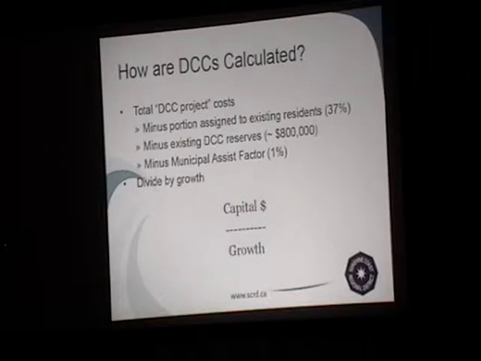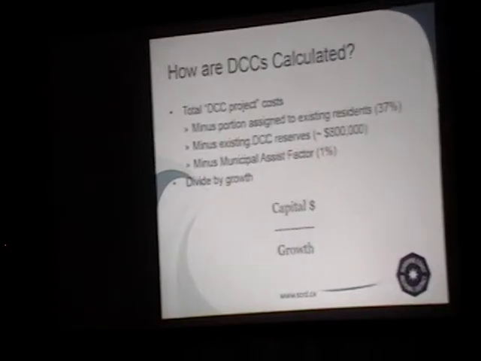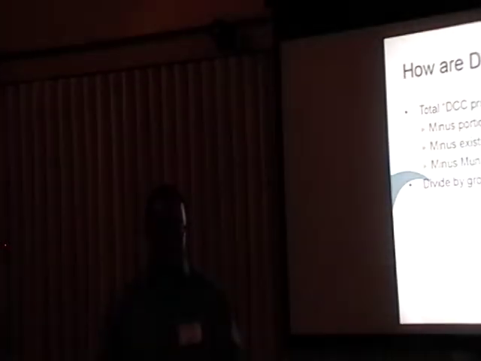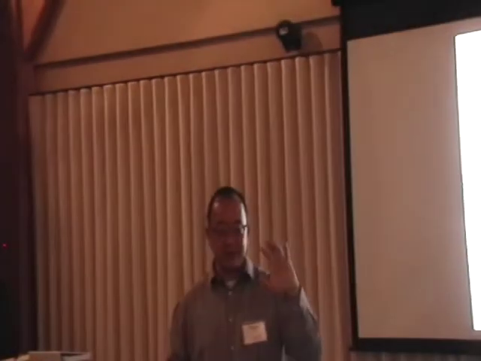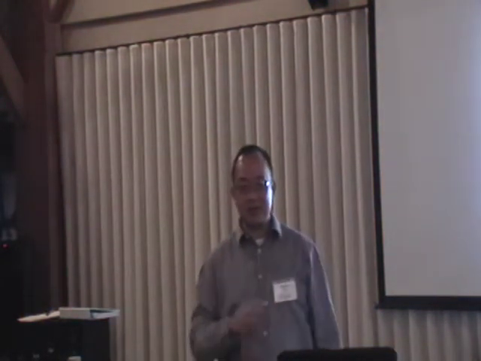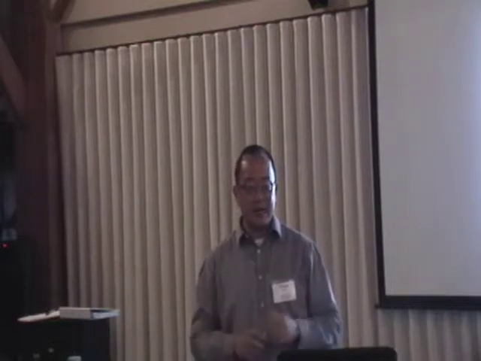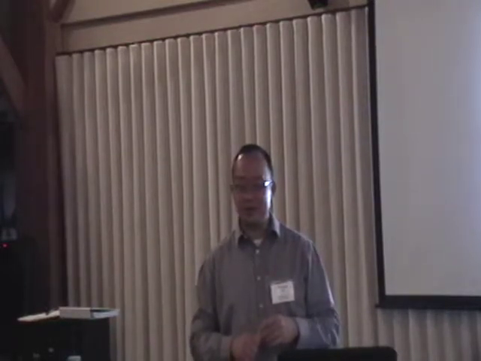And then we subtract the municipal assist factor. And this number could be any number selected by the local government. Typically it's 1%, that's the minimum. But sometimes some local governments will adjust that, after you've done all the calculations, if the rate increase is going to be super high compared to the current rates, say we haven't done a rate review for a number of years.